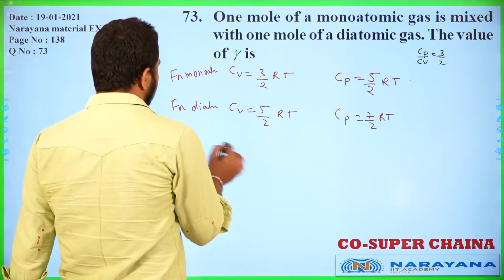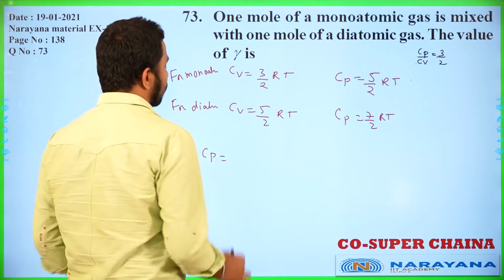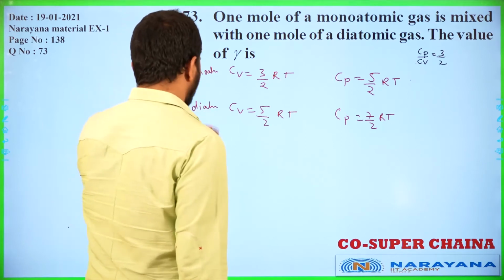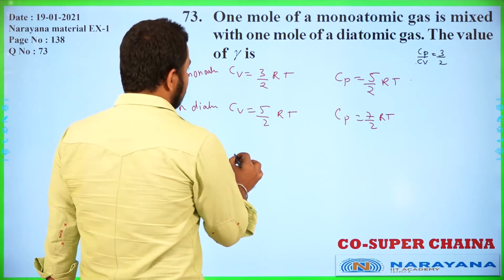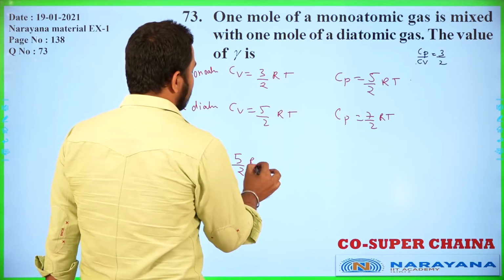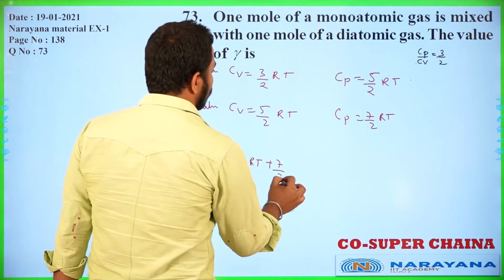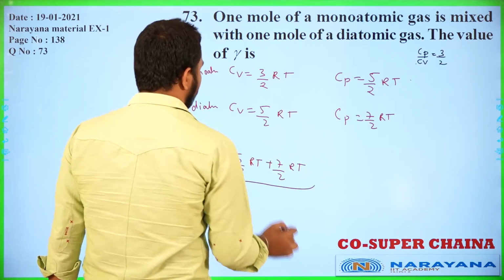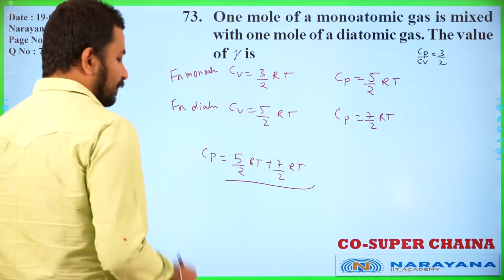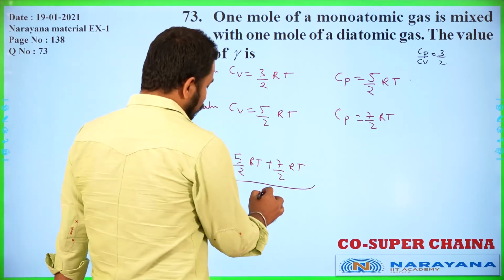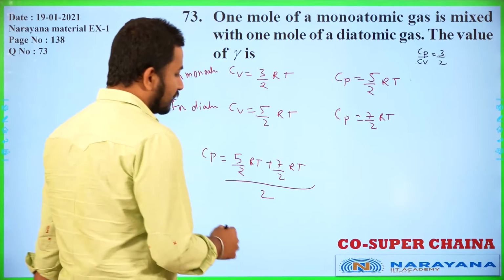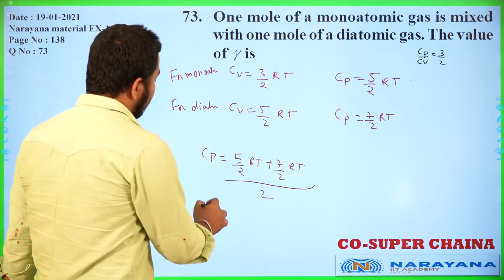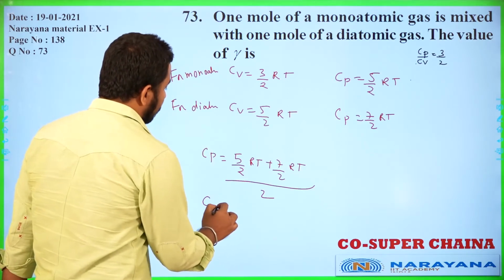If we calculate Cp of the mixture, we can write 5 by 2 RT plus 7 by 2 RT, divided by 2. And similarly, we can write the Cv value also.